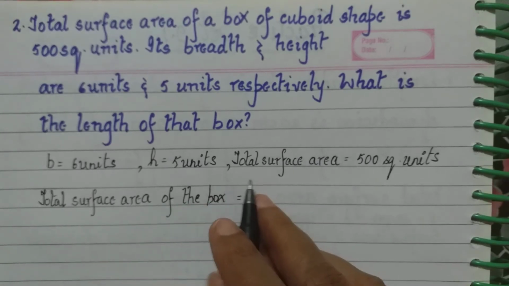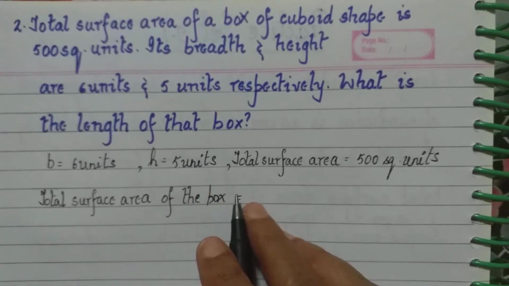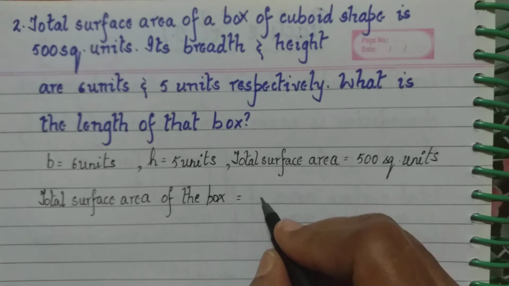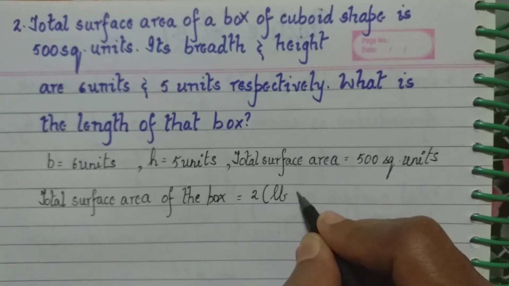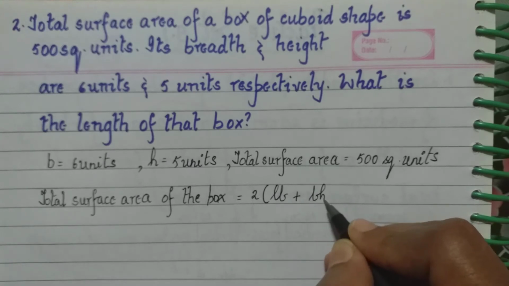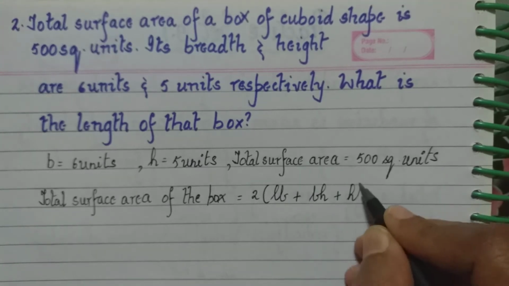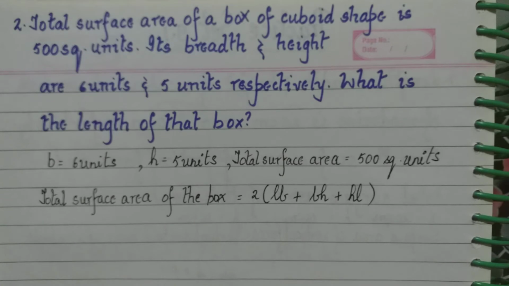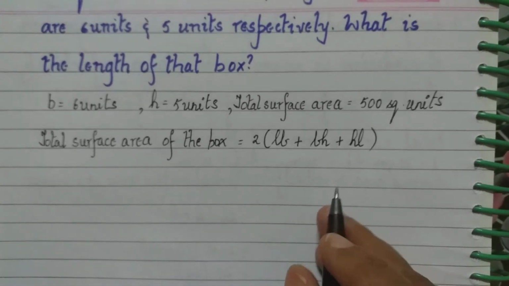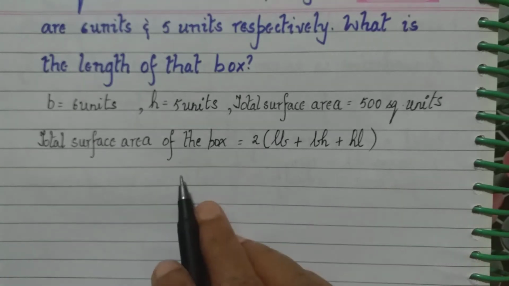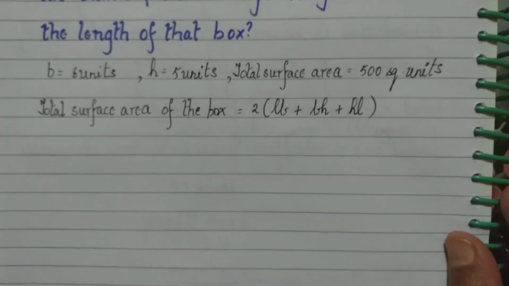Okay, now the formula for the total surface area of the box. Total surface area of the cuboid is given as 2 into LB plus BH plus HL. We don't have to write L into B, B into H or H into L. Now we'll put the values. Total surface area is given as 500.